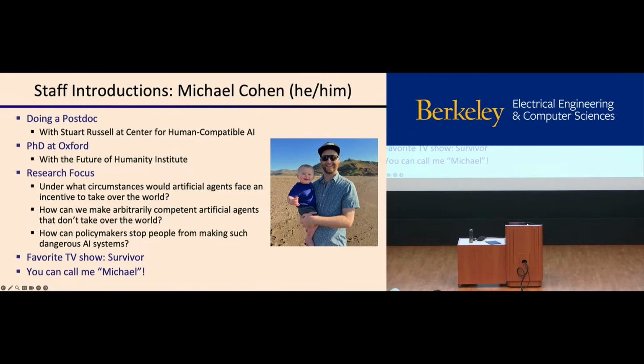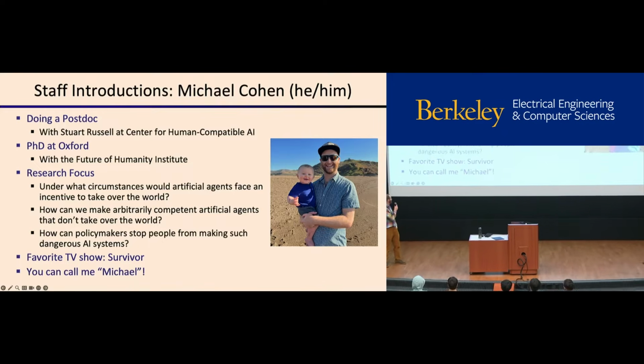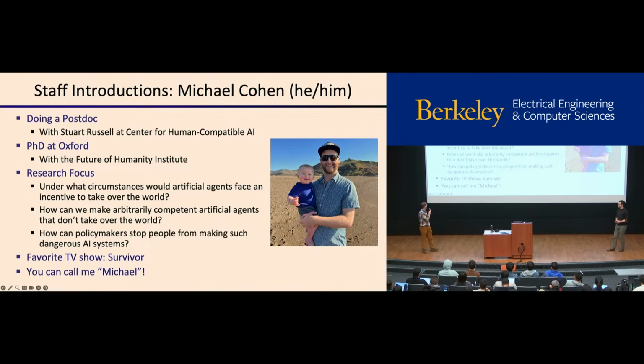How can we make arbitrarily competent artificial agents that don't take over the world? And how can policymakers stop people from making such dangerous AI systems? That is my main research focus, and maybe we'll get to talk a little about that at the end of the course.